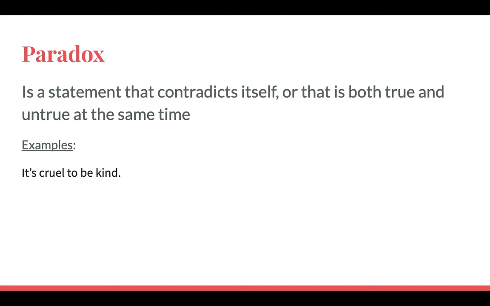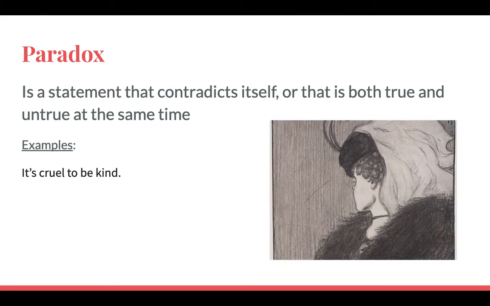Let's also look at a visual of a paradox. Optical illusions can also seem like paradoxes. This is an image of both a young woman and an old woman. But if you're young, you can't be old, so that contradicts itself or seems untrue. However, if you look at the image, you can see that there's a hat and hair.